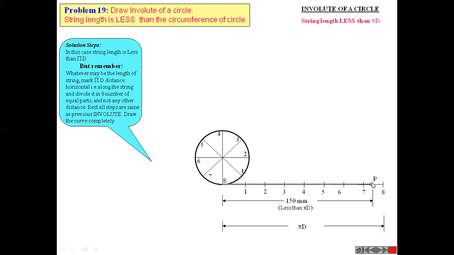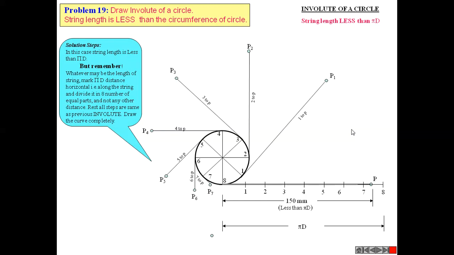That means this distance is less than pi D. So when you mark the points P1, P2, P3, the process is similar to the previous one, but you will be getting point P8 before the end of point 8. P8 you will be getting in between 7 and 8, because here the length of the string is less than the pi D distance.